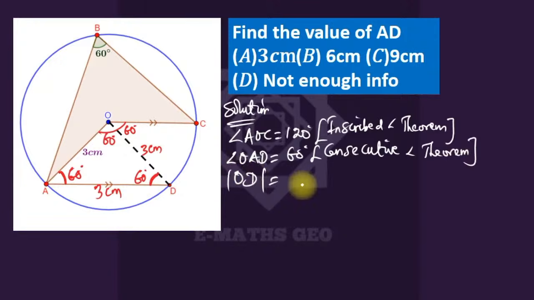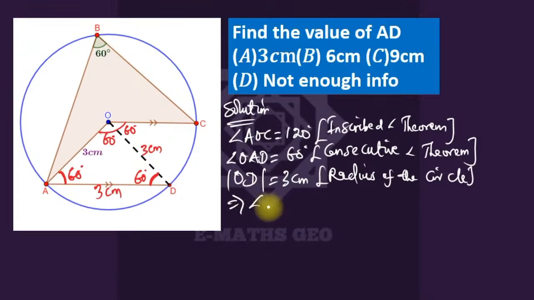Length OD is 3 cm based on the radius of the circle, which implies that angle ADO will also be 60 degrees based on isosceles triangle theorem.